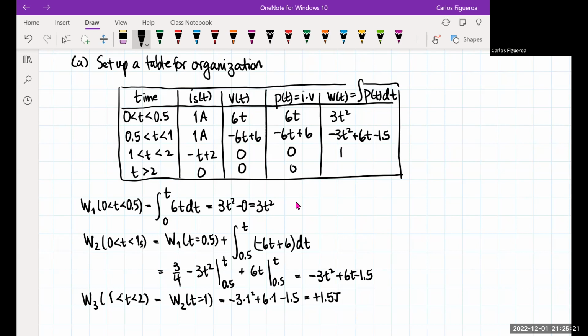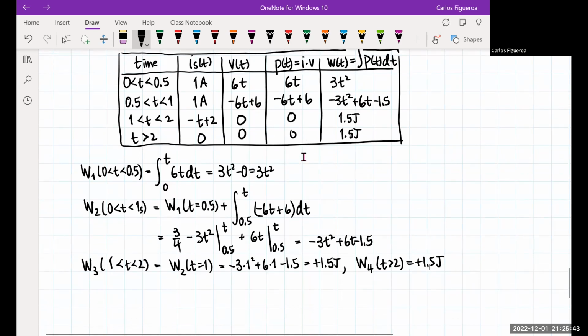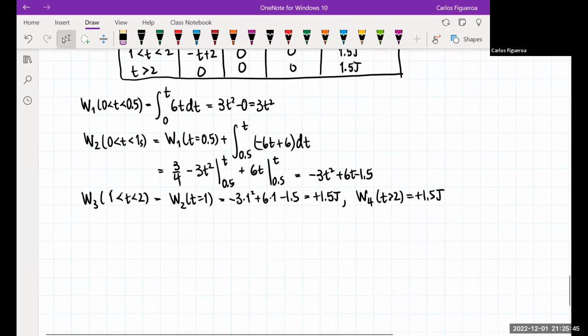So therefore, this is 1.5 joules, and because the power here is 0, that energy cannot change again. So this also has to be the same thing here for t greater than 2, and that will be plus 1.5 joules.